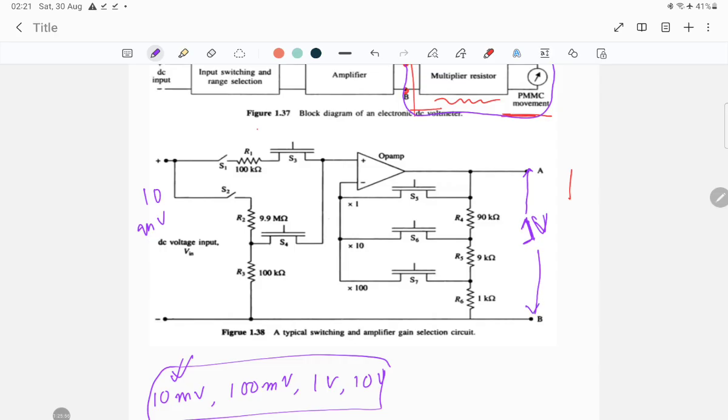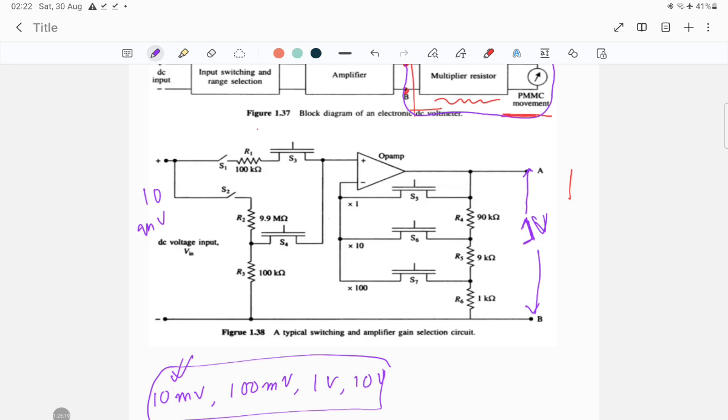So over here you have to create a 1 volt signal at the output of this amplifier. There are some certain things that you need to maintain while making voltmeters with different ranges.